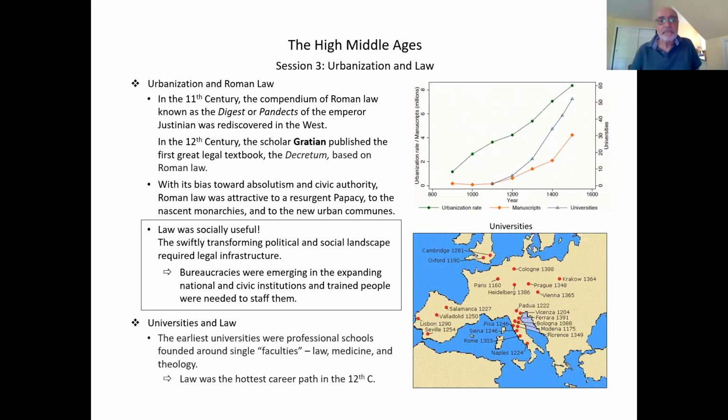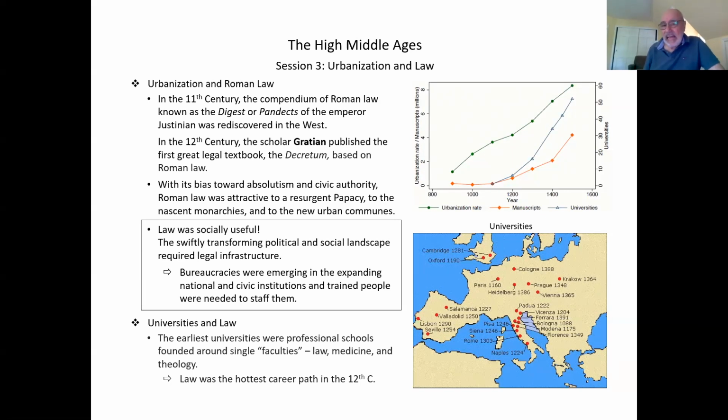First amongst them was the great scholar Gratian, who publishes the first great legal textbook that's going to be used as a textbook at universities, the Decretum, or the Decretals of Gratian.